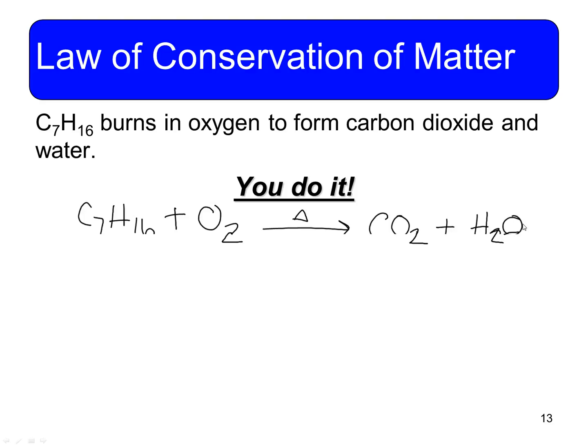Because oxygen always wants to be diatomic, like all of your oxygen, chlorine, bromine, those are all diatomic molecules. Okay? Because of their electrons, if they are bonded to another oxygen, they have their full octet.